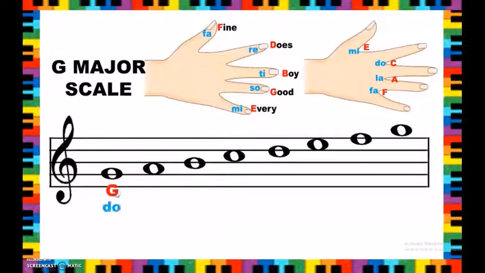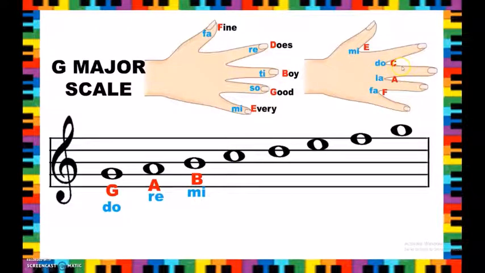Then, the second space here is letter A. Okay. A will become re, which is next. Then, after that, the third line is B. This B will become mi. Okay? The next, 1, 2, 3.